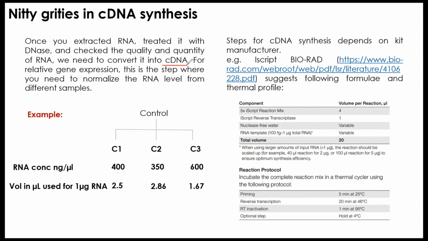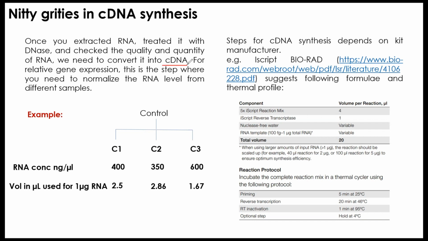It is in the same way, like let's say with the method of the RNA extraction and all the process which you did, you get 400 nanogram per microliter in the first sample, in the second sample you got 350, third sample you got 600.